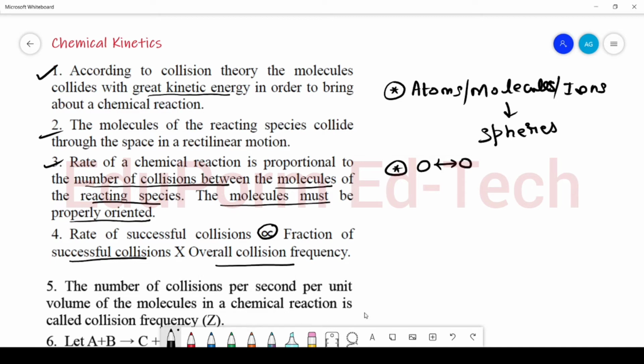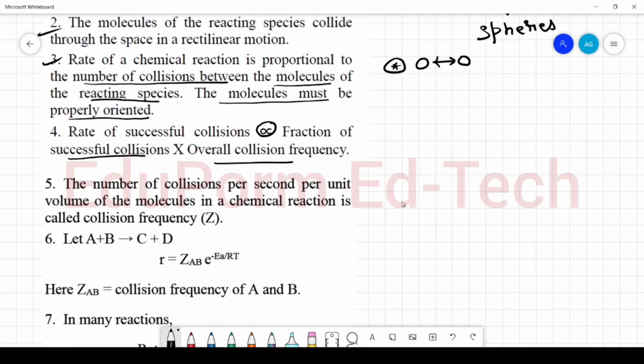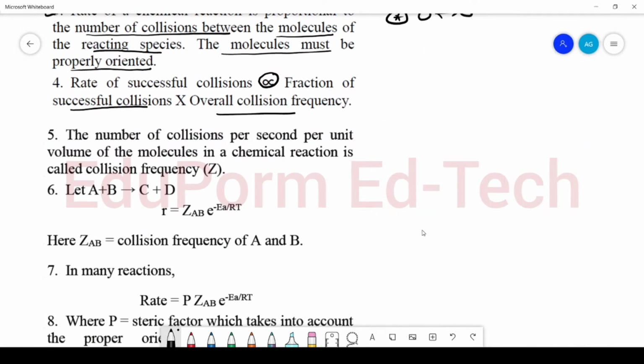The number of collisions per second per unit volume of molecules in a chemical reaction is called the collision frequency. So what is collision frequency? Collision frequency is the number of collisions per second taking place per unit volume of molecules.